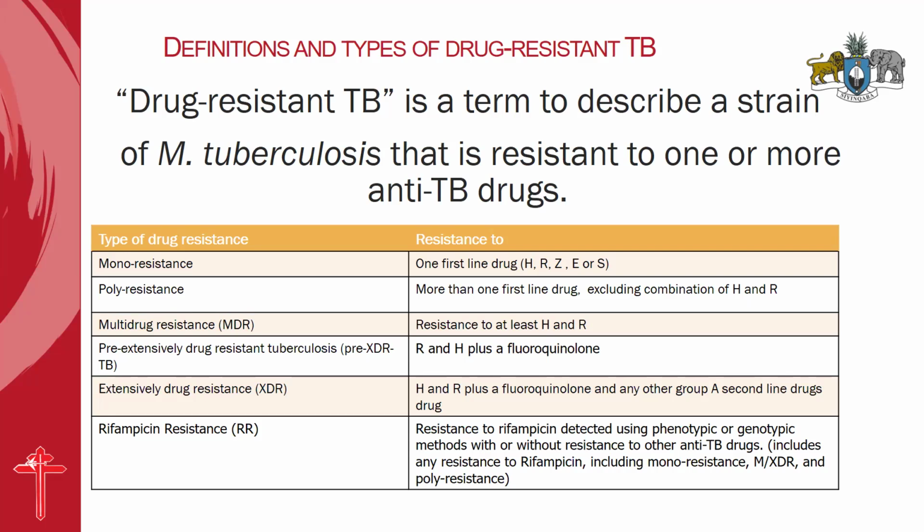Then we have extensively drug-resistant, the XDR, which is resistance to INH, rifampicin plus a fluoroquinolone, and any other group A second-line drug. Rifampicin resistance is usually what you get from the GeneXpert. Sometimes your GeneXpert will tell you that it's MTB, then RIF resistant or RIF susceptible.